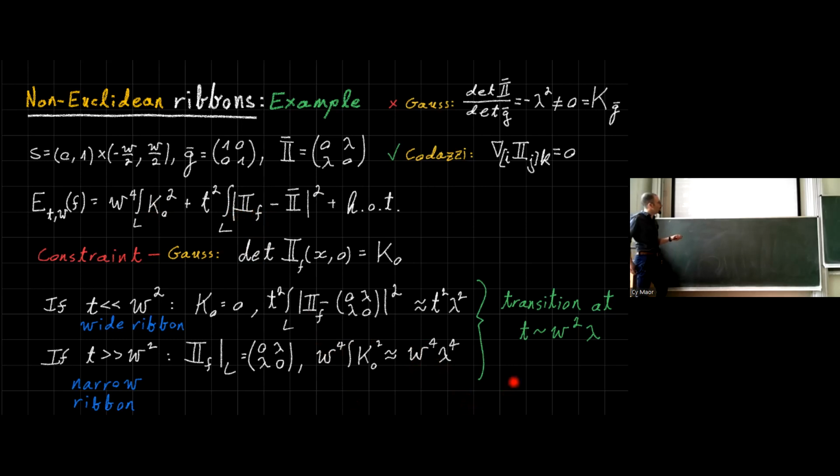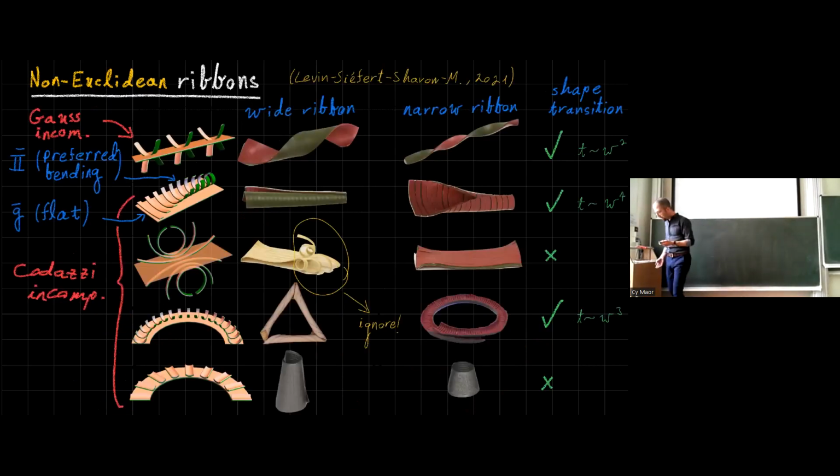The bottom line is that you have a transition between these regimes. You get different behaviors. Okay, so you actually see such phase transitions in ribbons. So this is what we wanted to understand better, and this is work with the laboratory of Eran Sharon in the physics department at the Hebrew University, with a former student and a former postdoc of his.